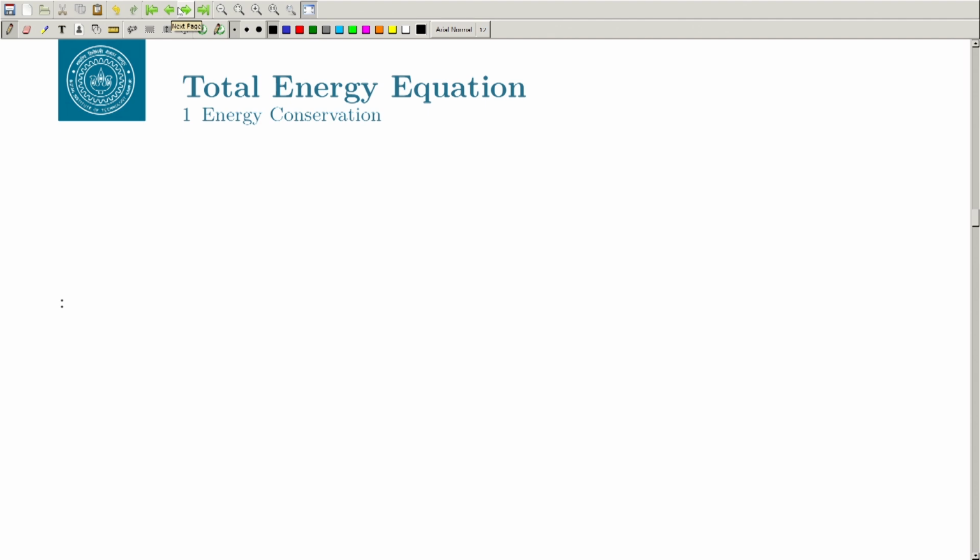In that case, you can write your total energy, which will be E plus K. What is E here is basically your internal energy, and we want to find an expression which gives you the change in internal energy as well as kinetic energy.